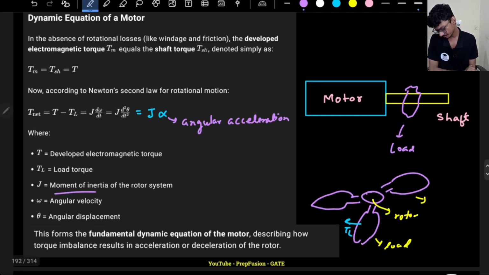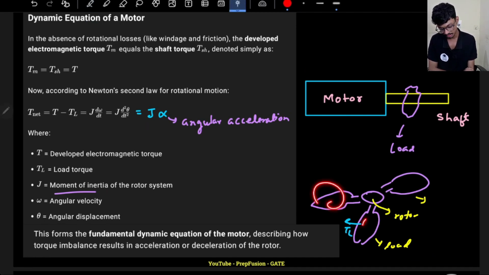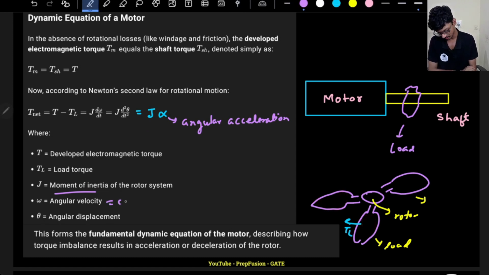So in steady state, the load will rotate with a fixed speed. The angular velocity will be constant at steady state.